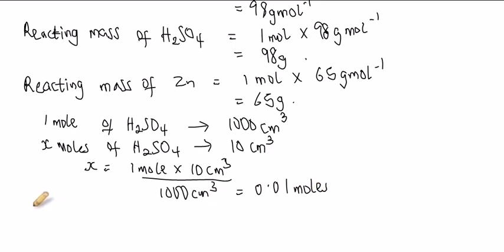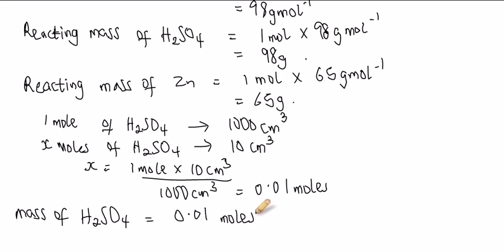Then for the mass of H2SO4, it will be equal to, according to our formula, mass is equal to number of moles times molar mass. So we have 0.01 moles multiplied by the molar mass from our previous calculations, which is 98 grams per mole. Then this gives 0.98 grams. Now 0.98 grams of tetraoxosulfate 6 acid reacted with the zinc.